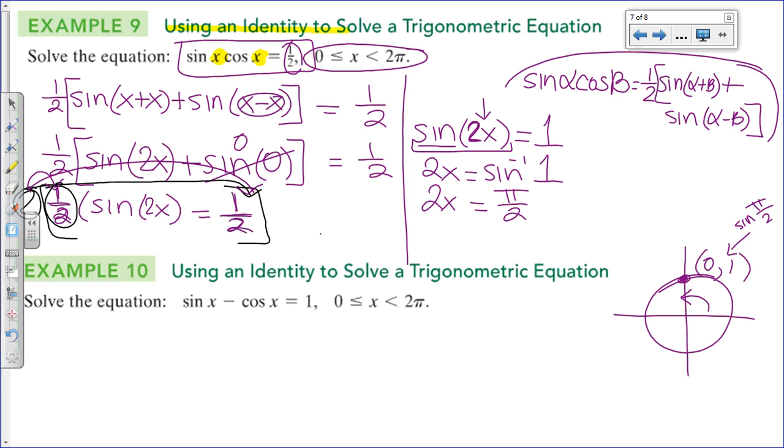And that is the only solution because if we picked another one, well, actually, let's add that notion of the infinite amount of solutions, the 2n pi. But now remember that we're trying to solve for x, so we're going to have to divide by 2, right? So it will be pi over 2 divided by 2, and then 2n pi divided by 2.